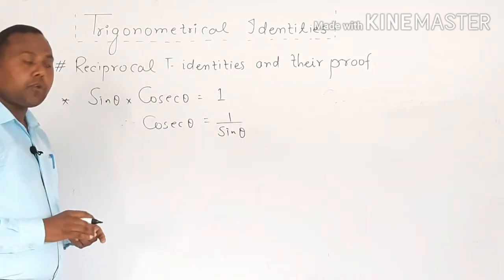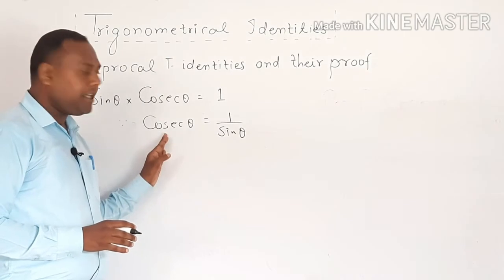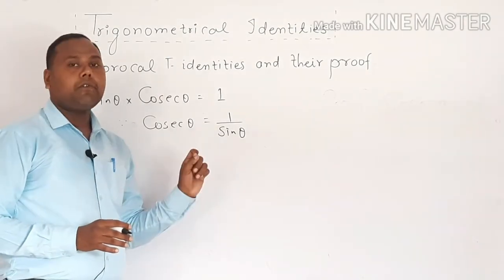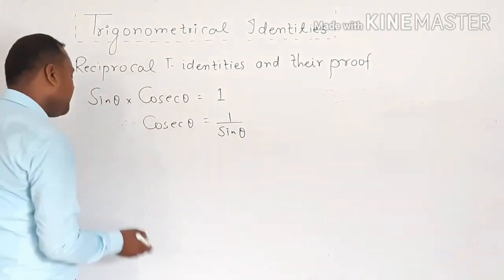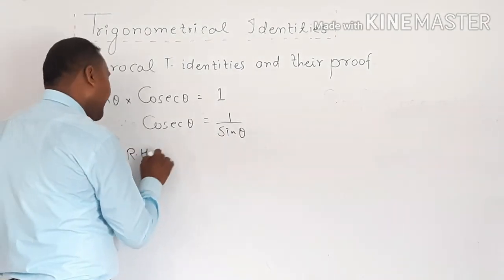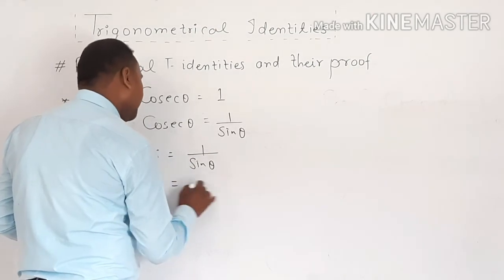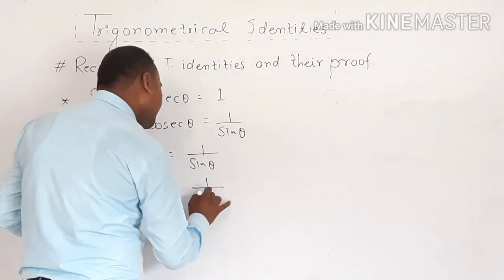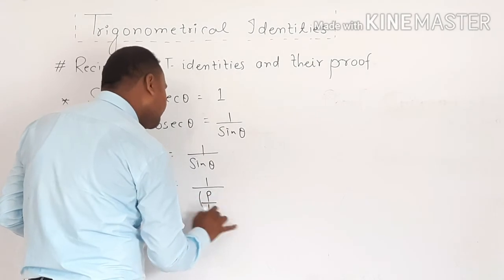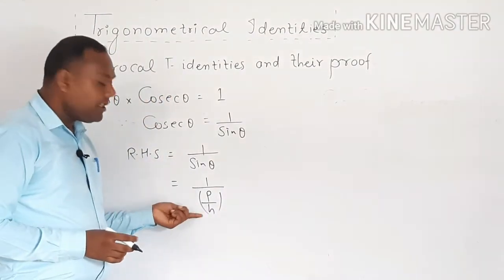But how can we prove it? We already know that cosec theta means h upon p and sine theta will be equal to p upon h. Hence we take RHS. RHS means 1 upon sine of theta. That means 1 upon sine theta means 1 upon p upon h. And we already know that 1, 2, 3 rule.